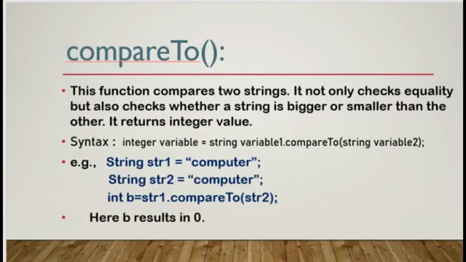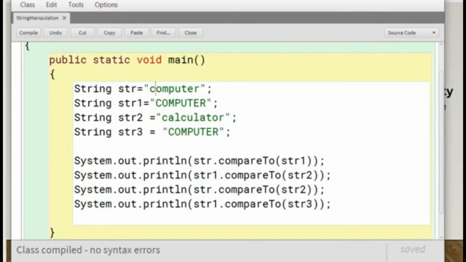And if the ASCII code of the second string at the index position, let's say 0, is greater than that of the first string, then it returns a negative value. So let's work out one example.